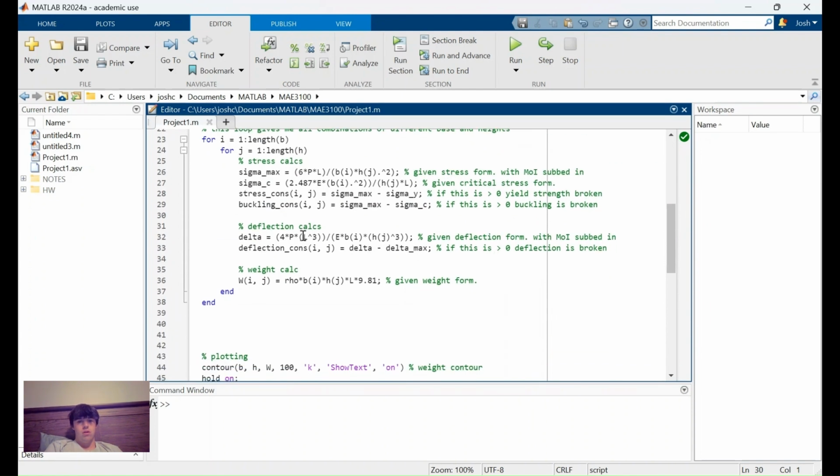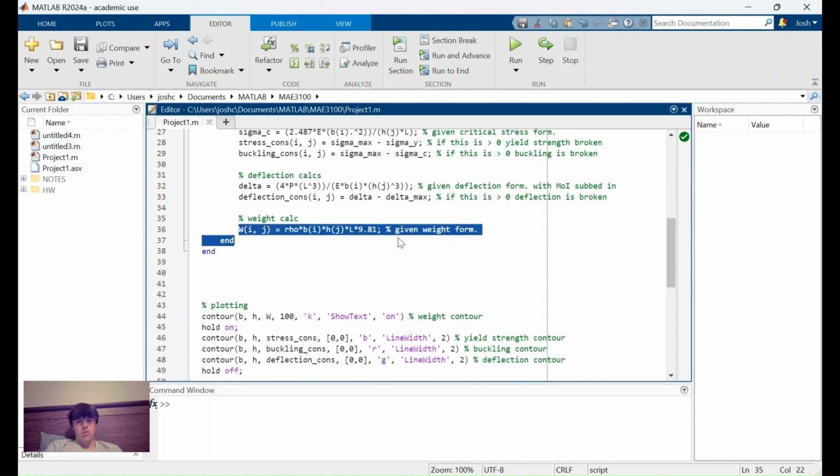Same thing with deflection. We're given a formula in Canvas, with moment of inertia subbed in. We then calculated our deflection constraint for all these different instances, and if your delta is bigger than the max your delta can be, your material deflects too much.